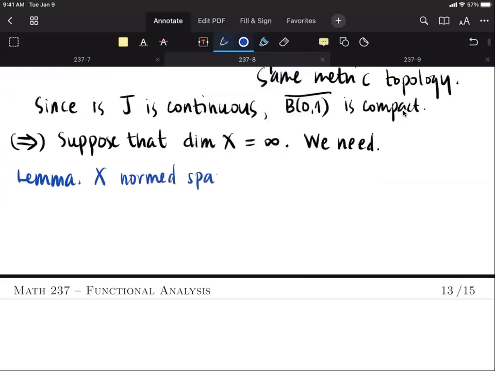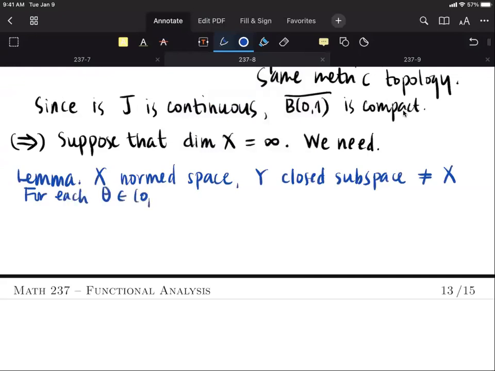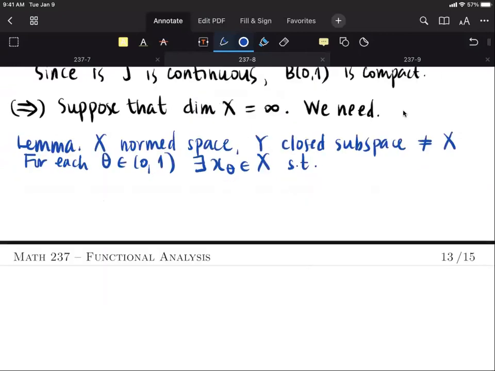So let's start with a normed space X, and let Y be a closed subspace of X not equal to X. For each parameter, let's say theta, between 0 and 1, it is possible to find an element x theta in X that lies on the boundary of the closed unit ball.